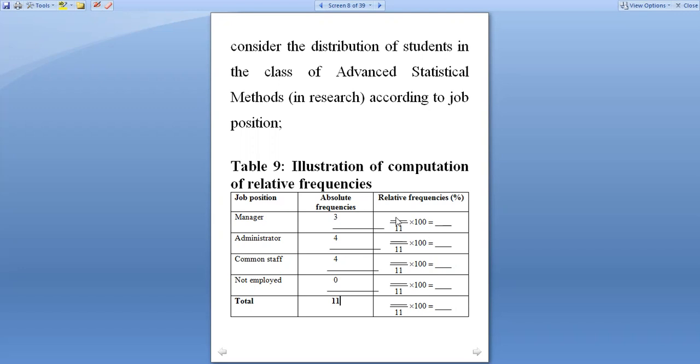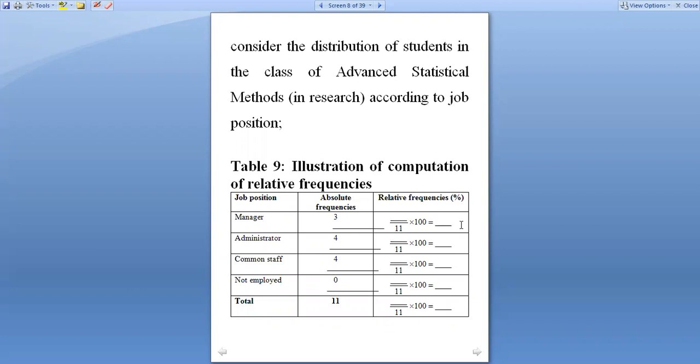If I want to calculate the percentage here, I will put 3 here. Then over 11 times 100, the answer will be, use your calculator if you have it. I know some of you are using currently your phone, so you cannot use the phone again to calculate.